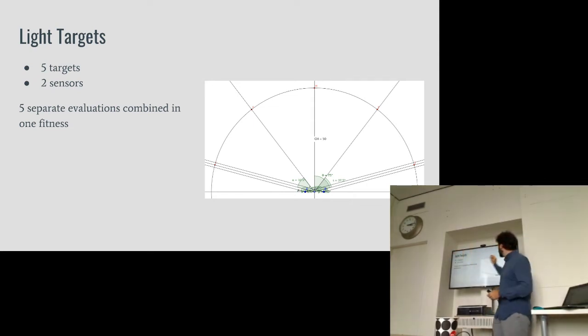So first test how good it was at going to the center, then to the left, then to the right, then very left and very right. All of those tests were combined in just one fitness that was fed to the learner. So a good controller ideally is able to go to all of the different targets and possibly new ones. This is it. Let's talk about the results.